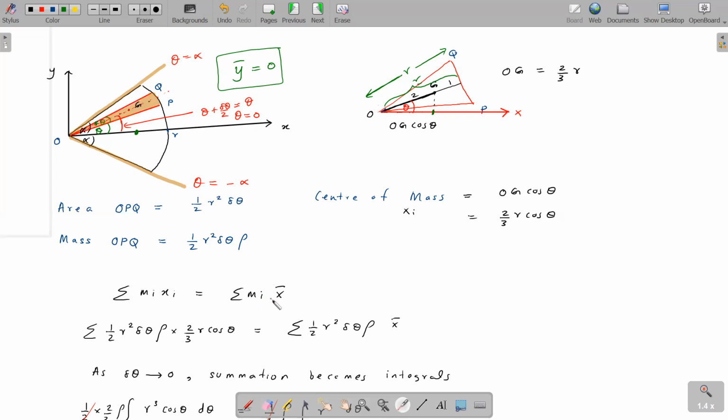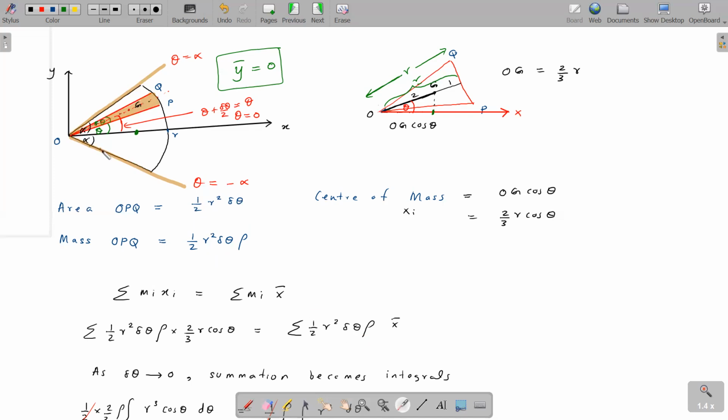Actually, for the total mass, I don't need to use integration if I don't want to, because it's a sector. It's half r square theta, and I could have used half r square 12 and gotten the answer in one go. Another way is to get the mass of a single strip and take the sigma.